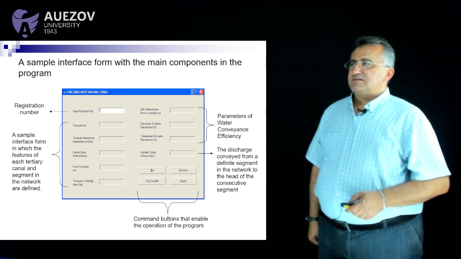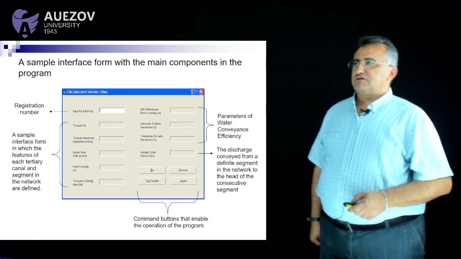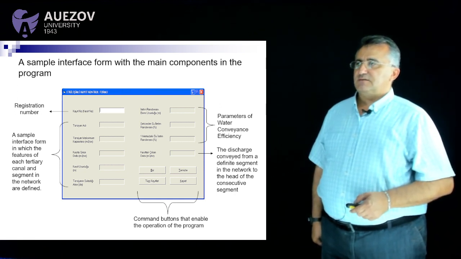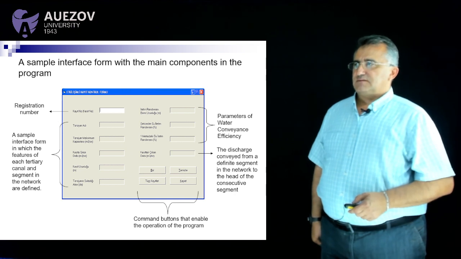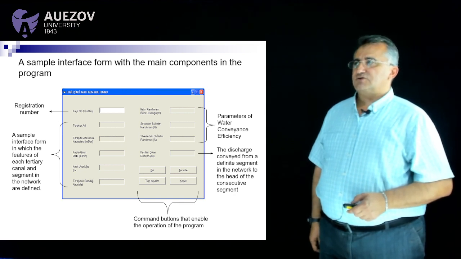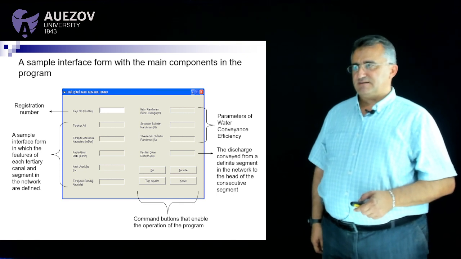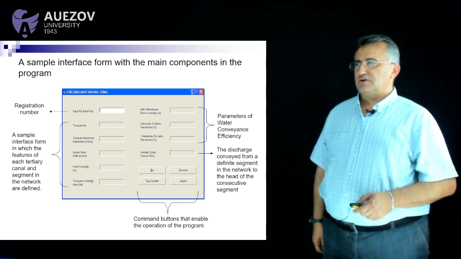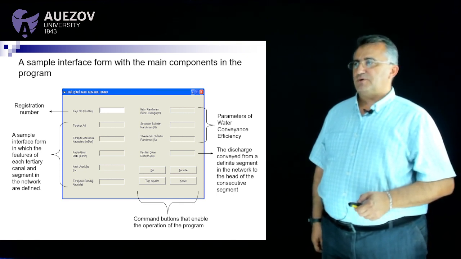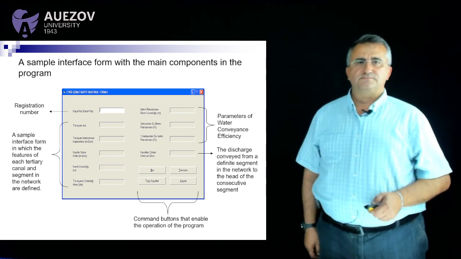On the right side, parameters of water conveyance efficiency and the distance the discharge is conveyed from a definite segment in the network to the head of the consecutive segment, and command buttons that enable the operation of the program.